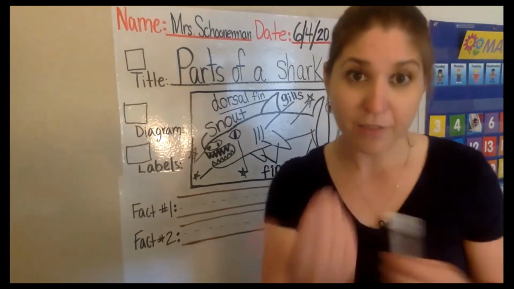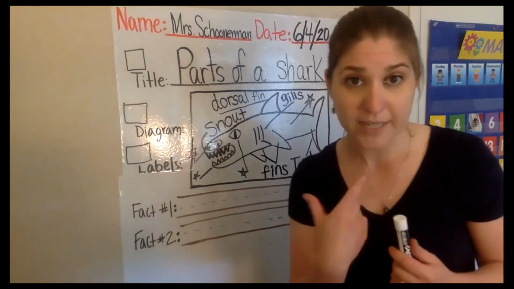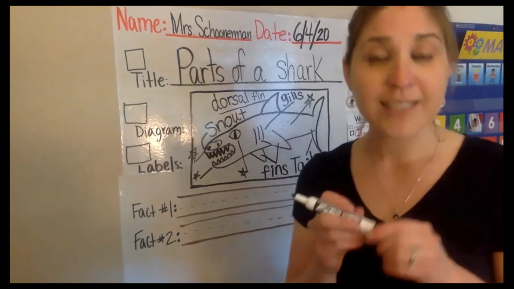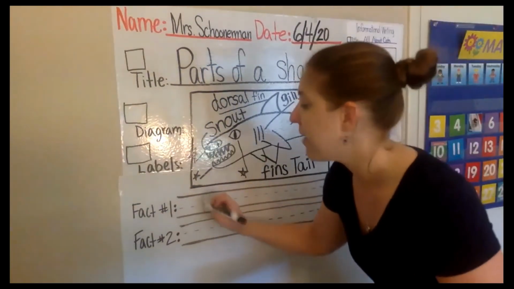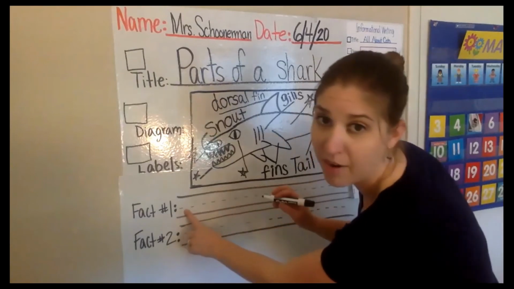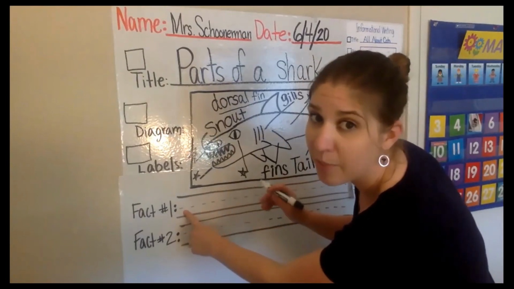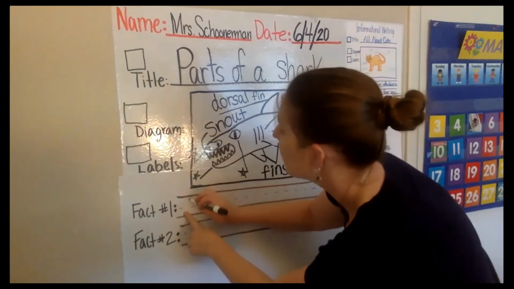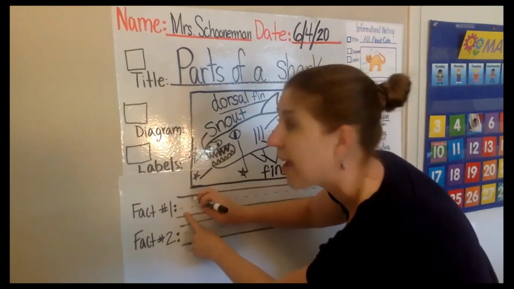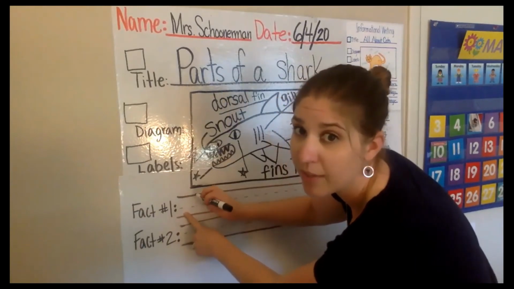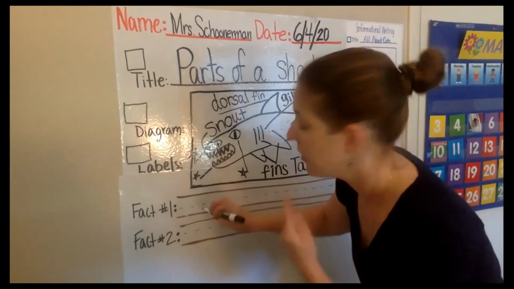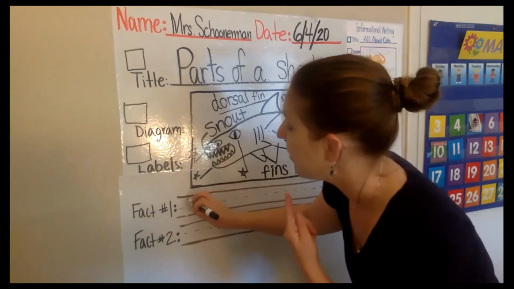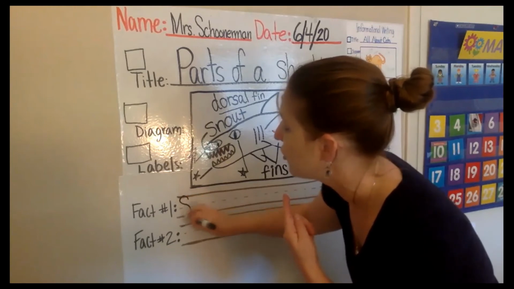But today, the first fact that we're going to write together is that sharks have sharp teeth. Sharks have sharp teeth. So we start down here on the left side of your paper, and we're going to start our sentence with a capital letter, because every sentence we write always starts with a capital. Sharks. So we hear that SH digraph at the beginning of the word sharks.